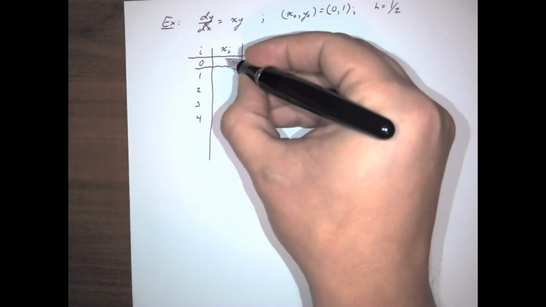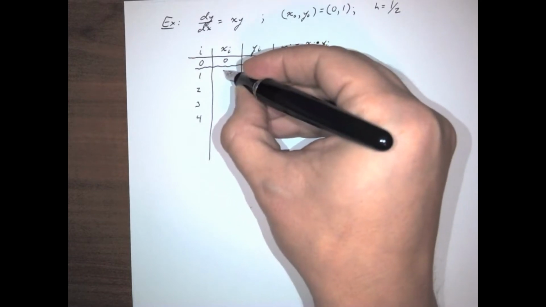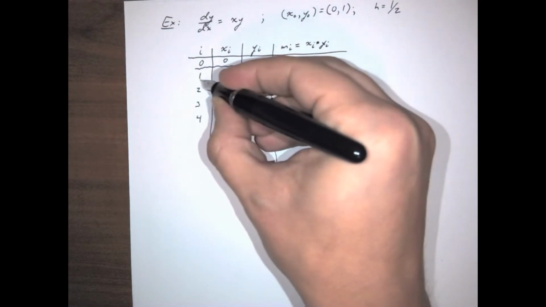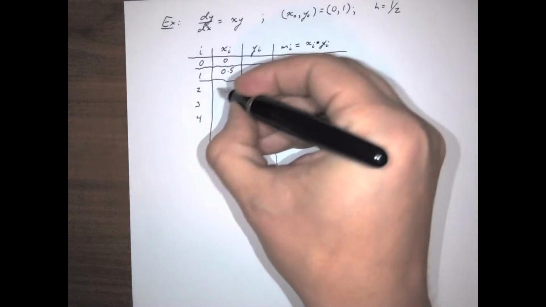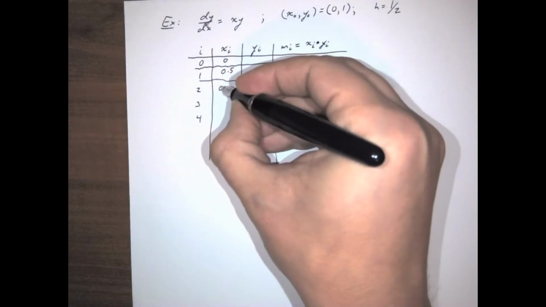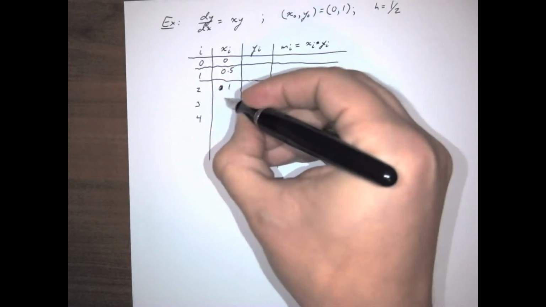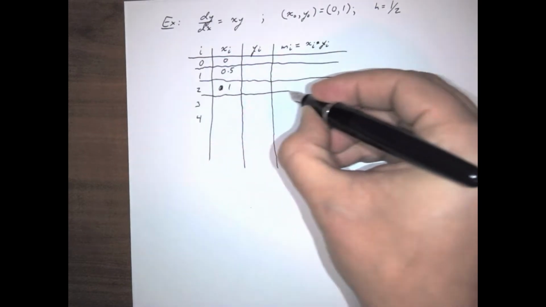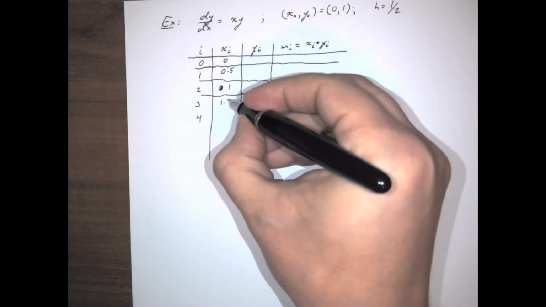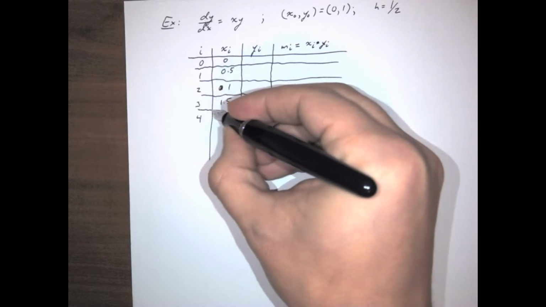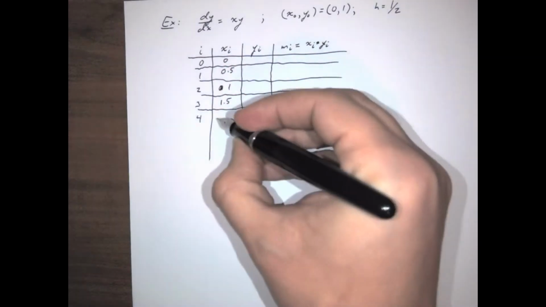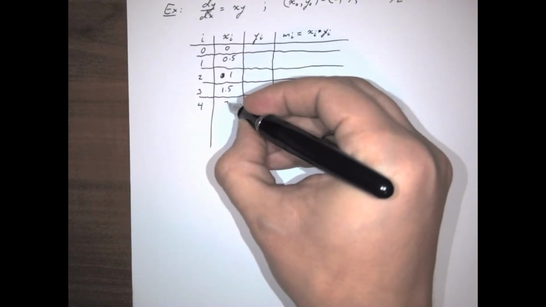One piece of this we can just directly start filling in without even thinking. So we can say the x values are just going to be 0, 0.5, 1, 1.5, and then 2.